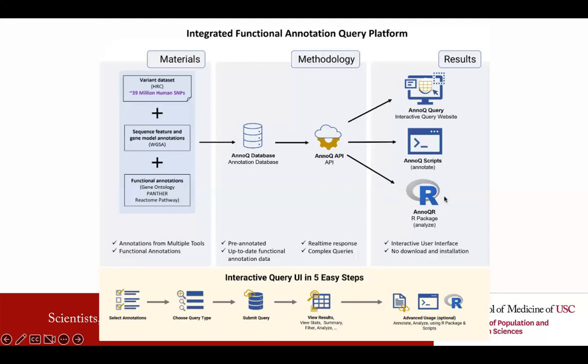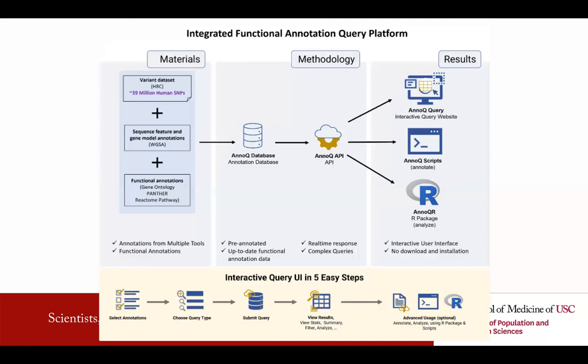But we also built some programming packages so that you can embed this into your script. For example, we have an R package right now. We hope to also have a Python package, so you can write an R script and let it access the data. For example, while running an R script analysis, you can retrieve the annotations in real time.